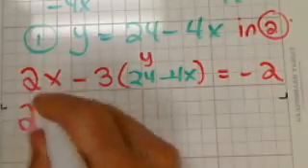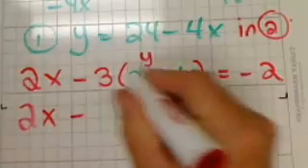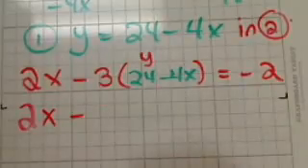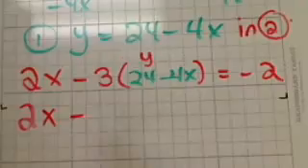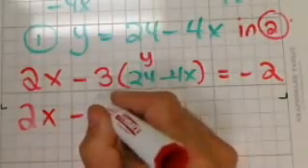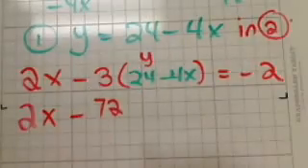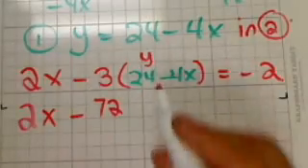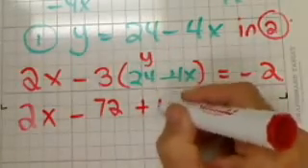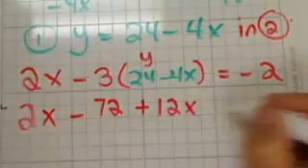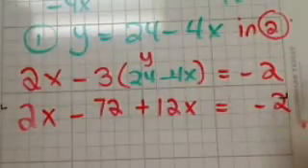We'll have 2x minus 3 times 24. That'll be 72. And then minus 3 times negative 4, which will be plus 12x equals minus 2.